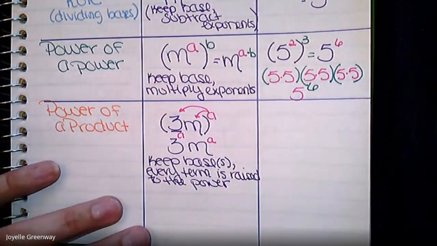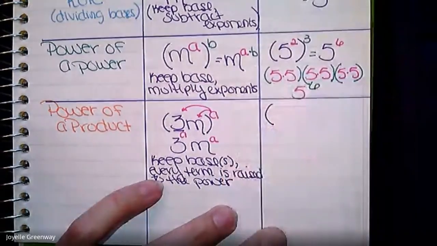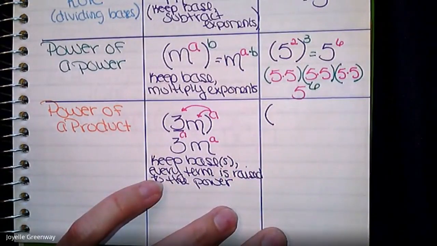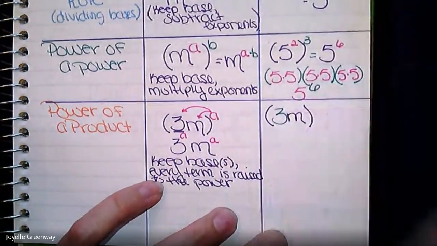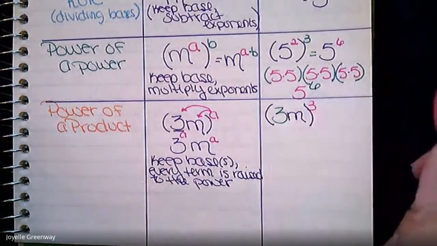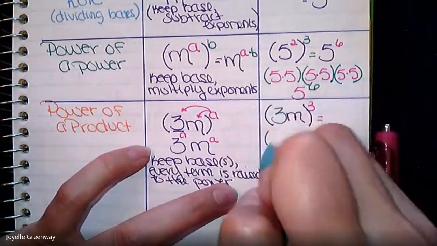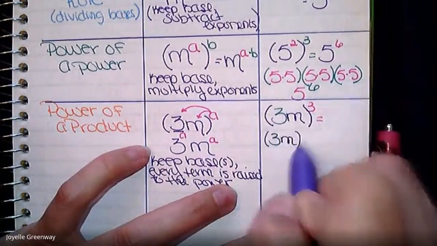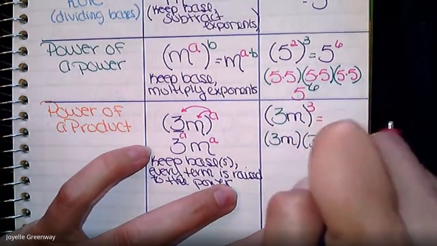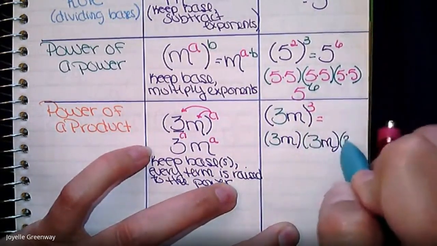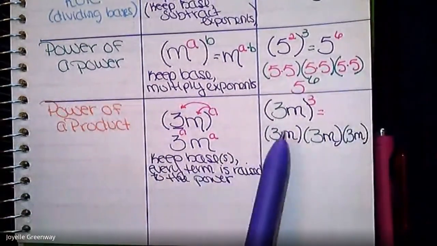Okay, so that's like if we have 3m to the third. So what that means is I have 3 times m times 3 times m times 3 times m. Okay, so now you have your product rule, right?